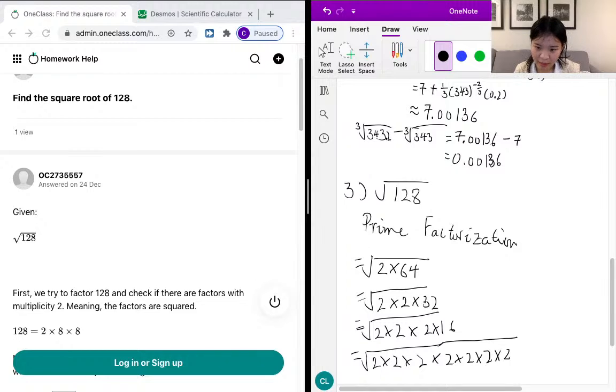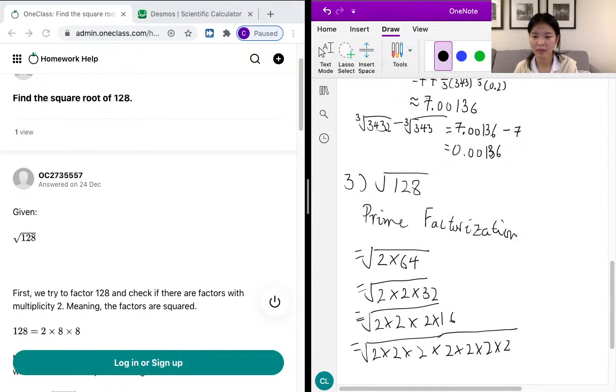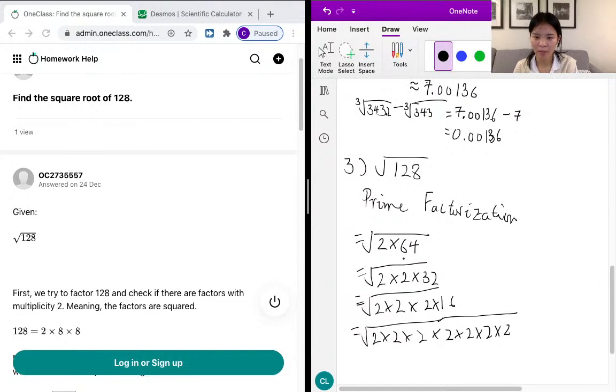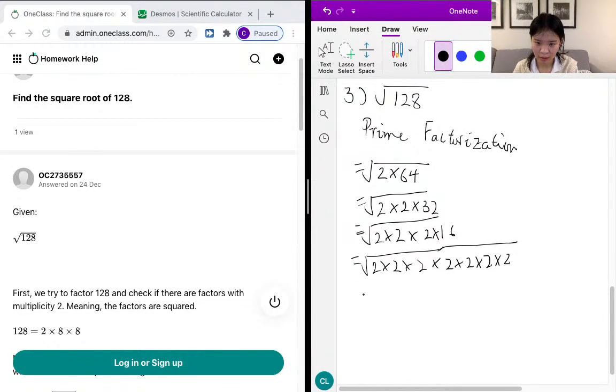It might be easier from here because from here you also know that 8 times 8 is 64, so you might be able to get your answer directly from here. But we'll just do the full steps because our audience is like everyone. So yeah, let's count the number of 2's. We have 1, 2, 3, 4, 5, 6, 7 2's. So let's just do 2 times 2 to the power of 6. So that's 7 2's in total.